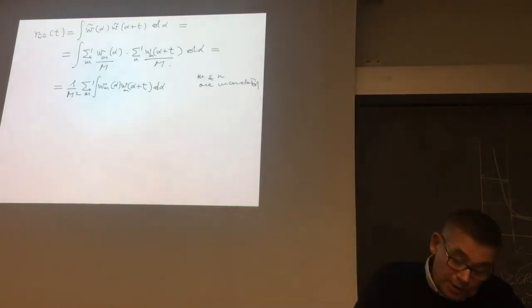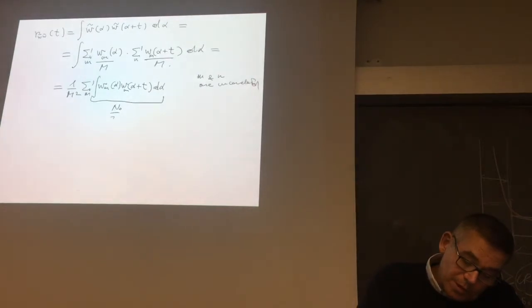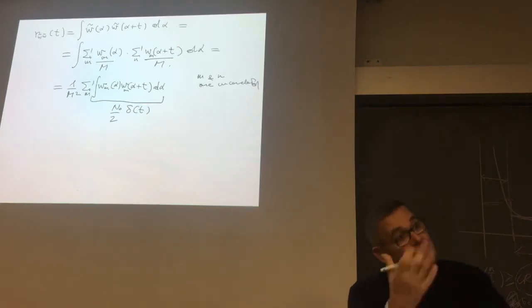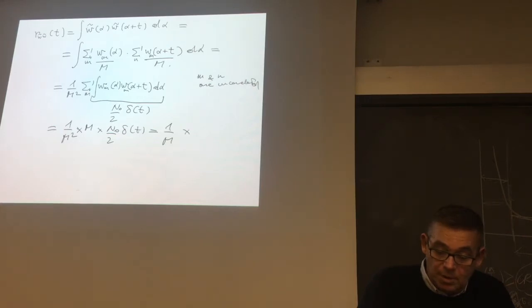This is the autocorrelation of the Gaussian process, which is N0 divided by 2 delta t. So it's N times this autocorrelation, and this equals 1 over N squared times N times N0 divided by 2 delta t, essentially 1 over N times N0 divided by 2 delta t.